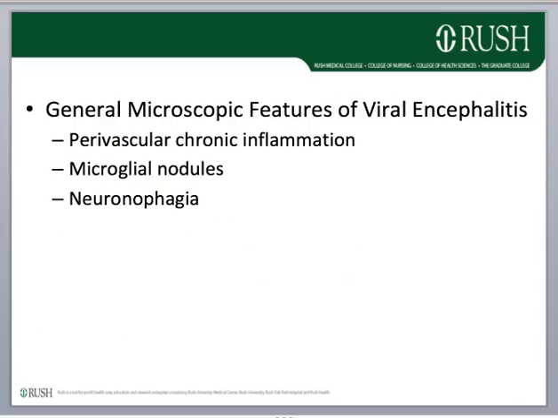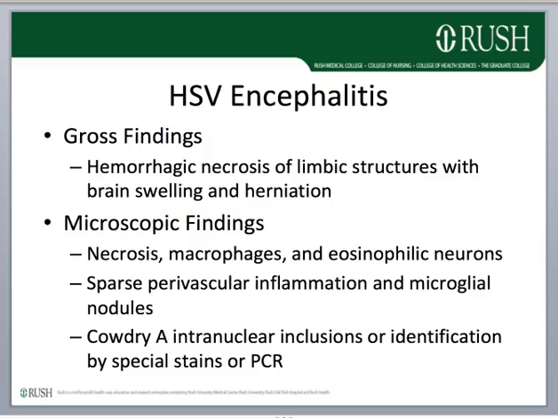There's a classic histologic triad which is general to all viral encephalitis and includes perivascular chronic inflammation, microglial nodules, and neuronophagia. We learned about the gross and microscopic features that are more specific for HSV encephalitis. Grossly, there's hemorrhagic necrosis of limbic structures associated with brain swelling and often herniation.